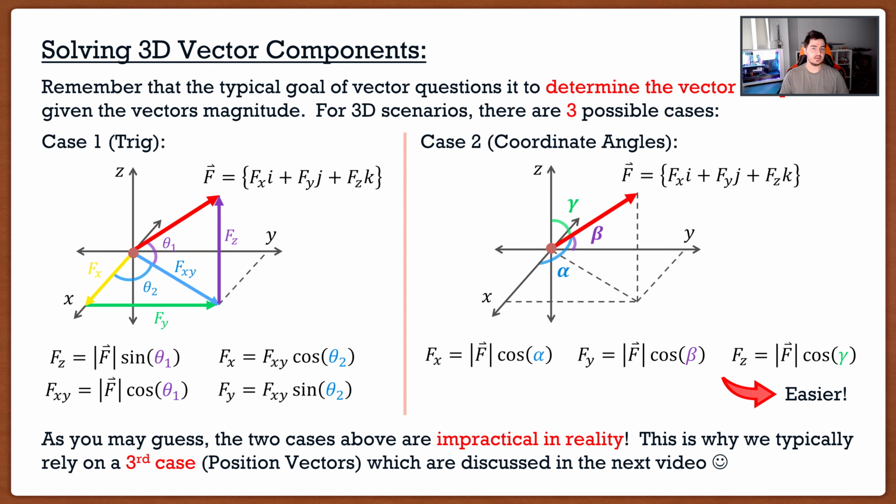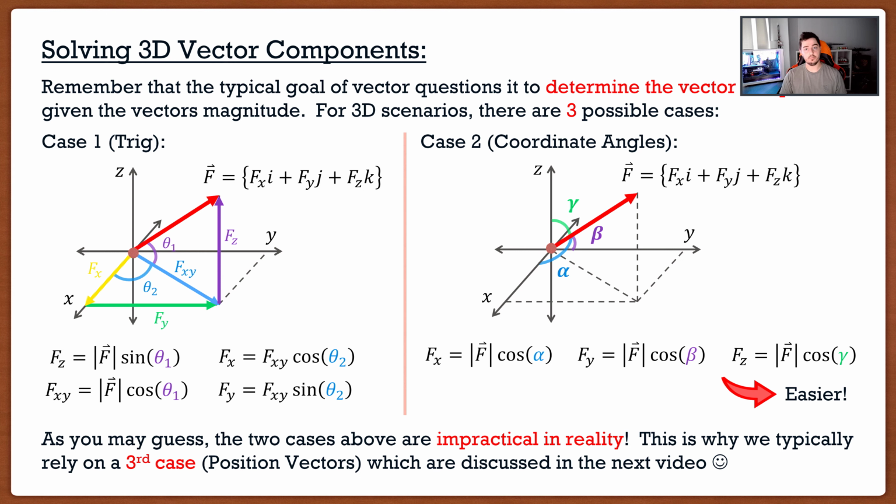Now, this is impractical in reality. Let's say that I have a giant wire that stretches to a telephone pole, provides it some support. As an engineer, you're not going to go out in the field with your dinky little protractor and start measuring angles. You'd look like an idiot. So these 2 cases, they're good to know, but in reality, they're impractical because we don't go out into real life and start measuring angles of things.